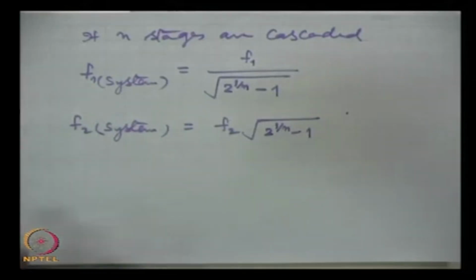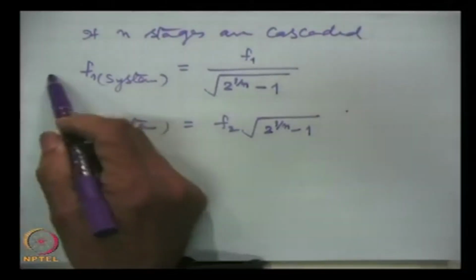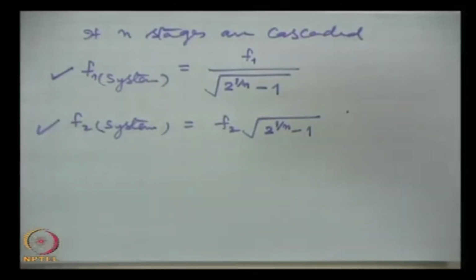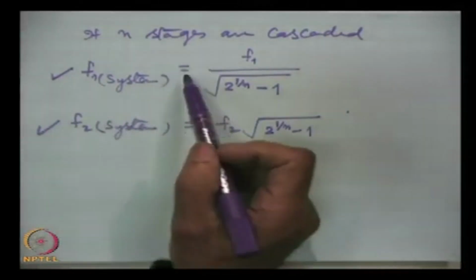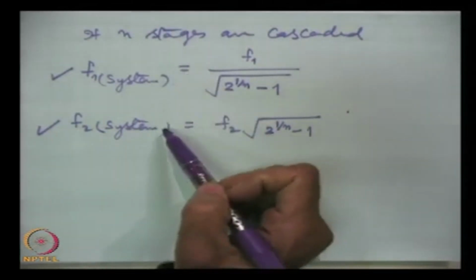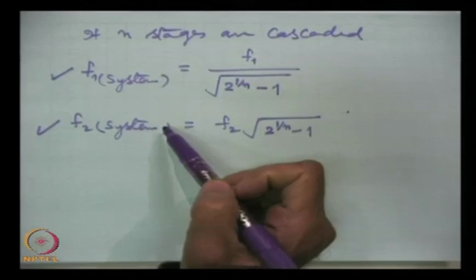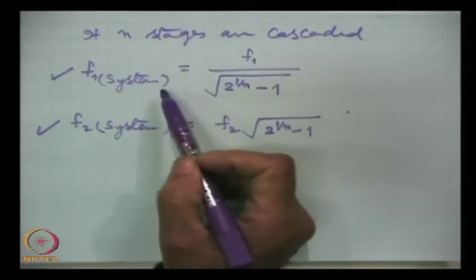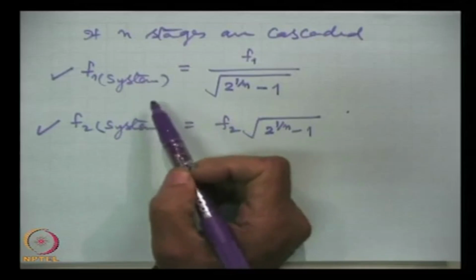This is the expression for lower cutoff and upper cutoff of a multi-stage amplifier if they have same lower cutoffs and higher cutoffs. If only one is identical, then only the corresponding expression is to be used.